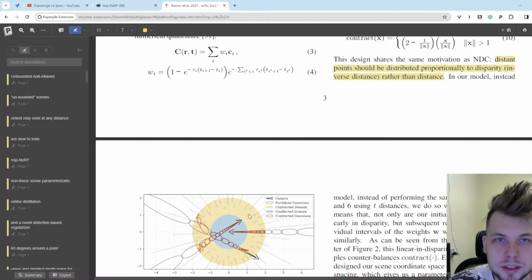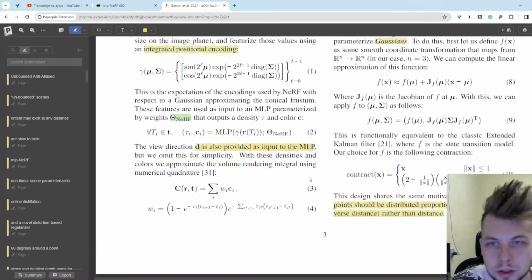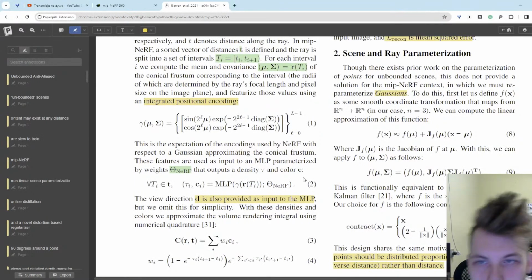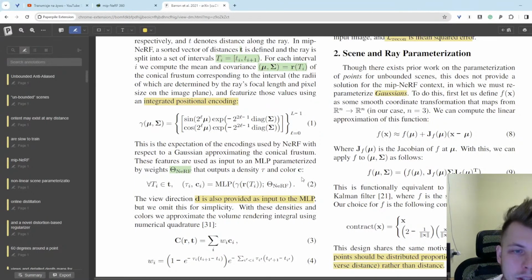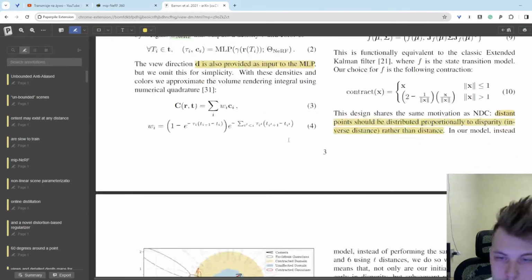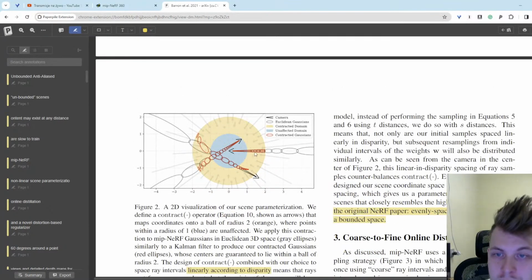So this way they have this reparameterization, but they also have to solve it not just for points, which would be more straightforward, but for the volumes, because they are using these IPE features that use the 3D Gaussian representation for encoding volume together with the positional encoding here. So they do that for the volumes, and they push the Gaussians to fit into this size 2 ball.